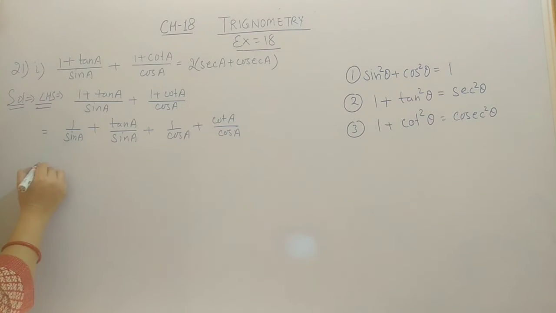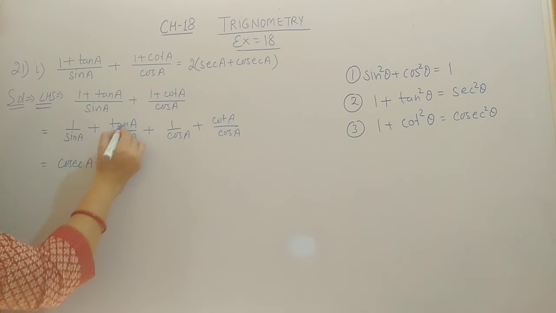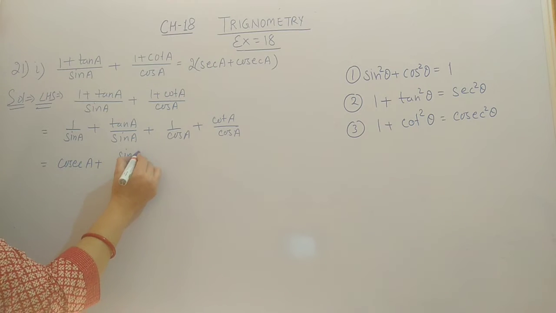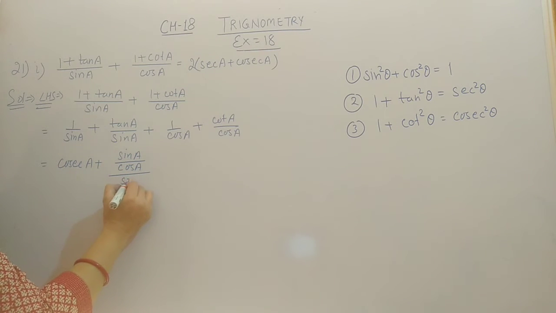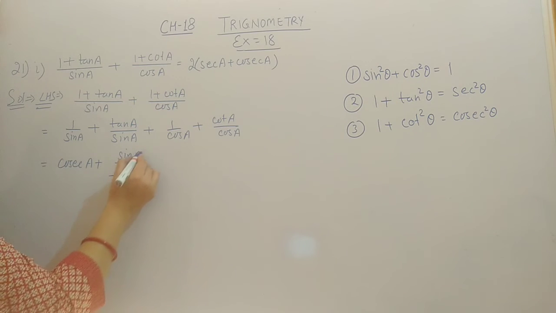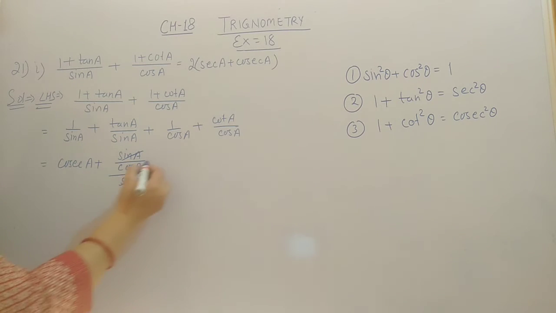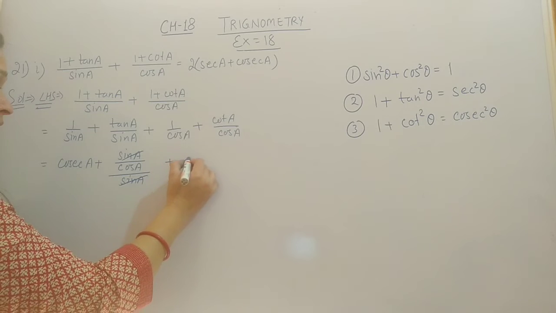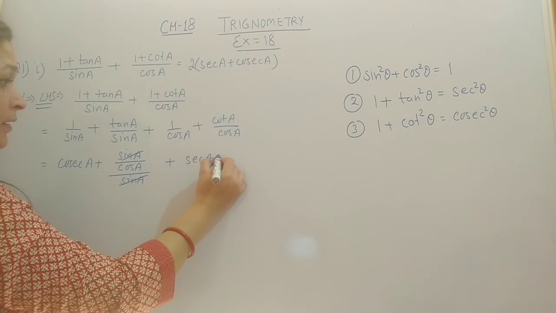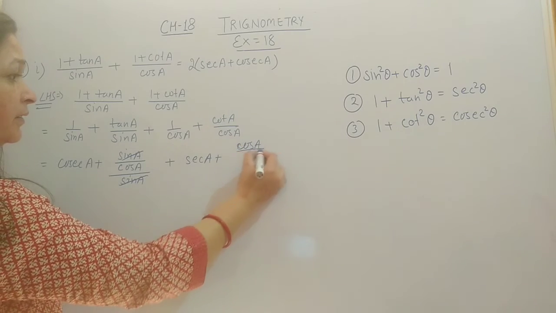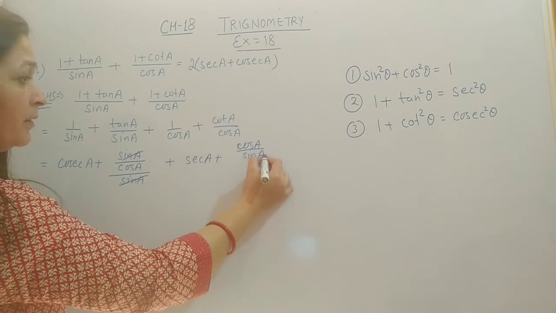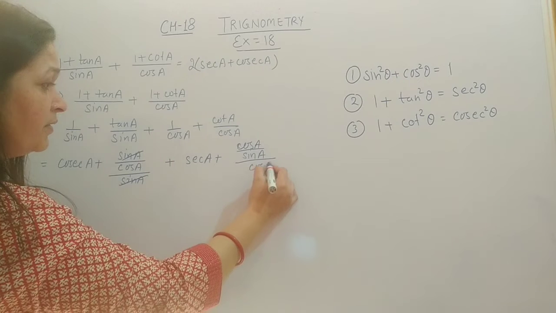This 1 by sin A is equal to cosec A, and tan A we can write as sin A by cos A by sin A. So this sin A will cancel out, we will get 1 by cos A. This 1 by cos A we can write as sec A. Cot A we can write as cos A by sin A by cos A. So cos A will cancel out here.